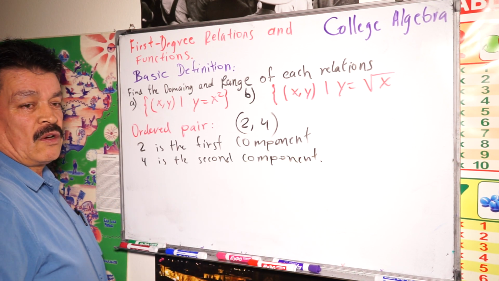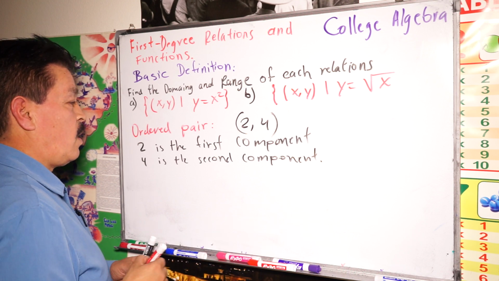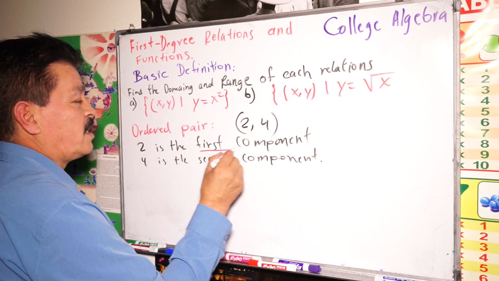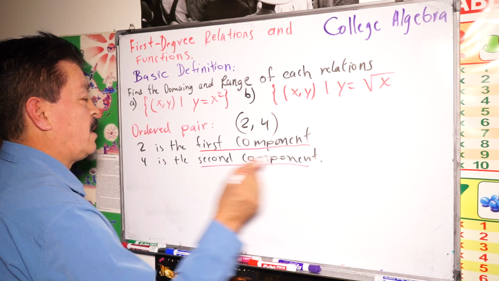We have to be able to see what the first component and the second component are in an ordered pair.